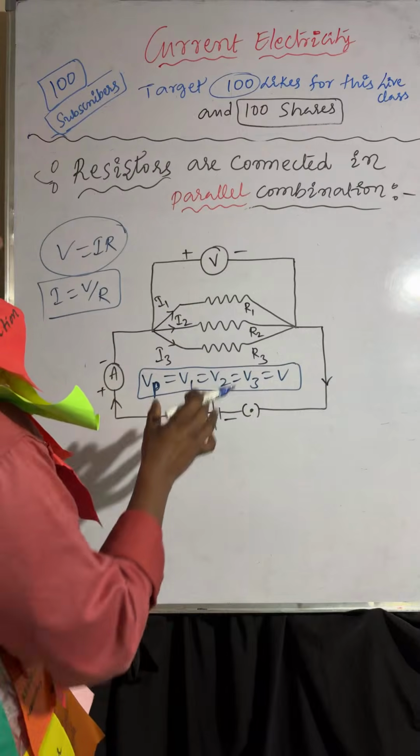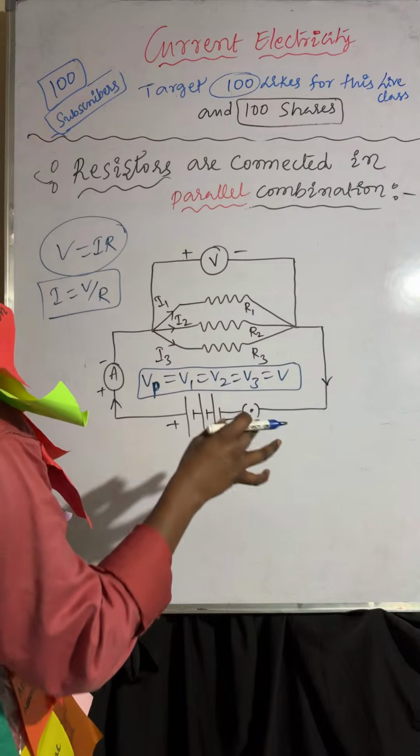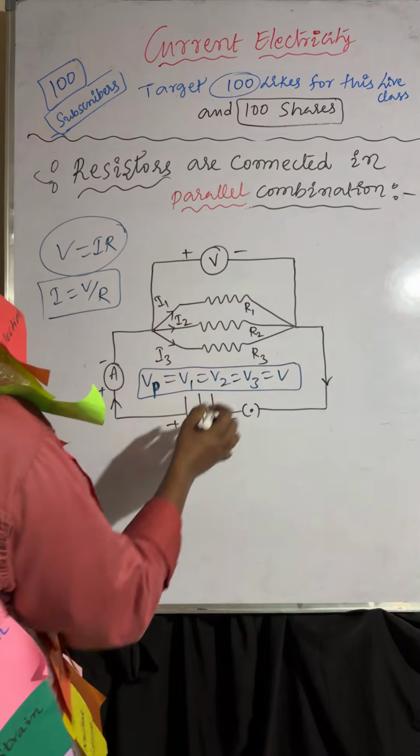But potential difference is same across all resistors R1, R2, R3.